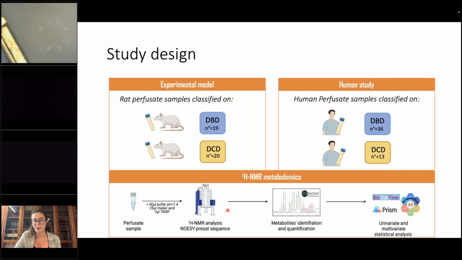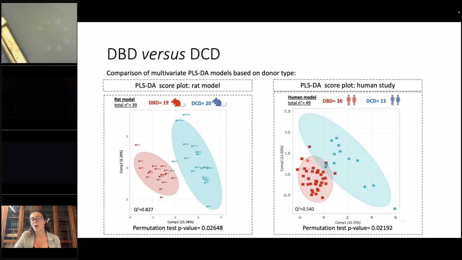After NMR analysis and the identification and quantification of metabolites through Chenomx, we were able to perform our univariate and multivariate statistical analysis. As a first result, here we have in comparison the experimental model and the human study, in which we can see a clear separation between the DBD and DCD donors that is more accentuated in the experimental model.